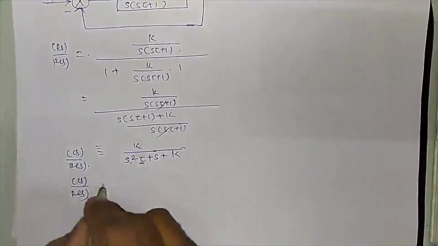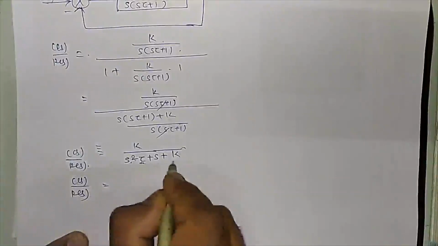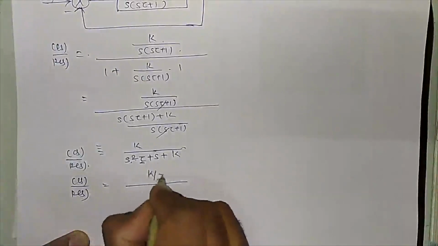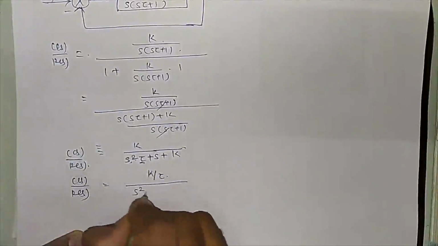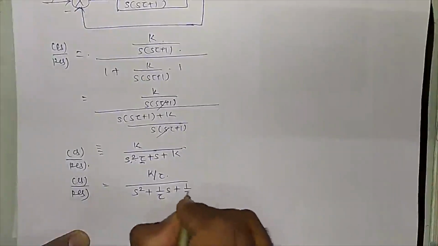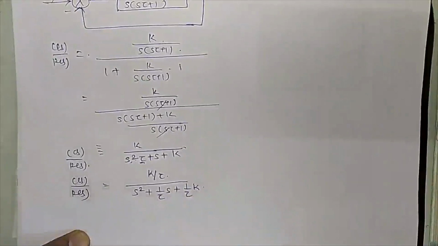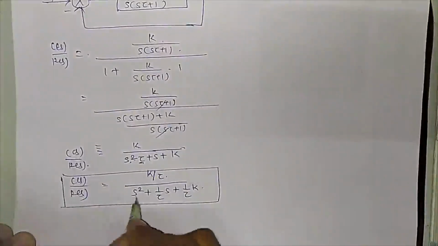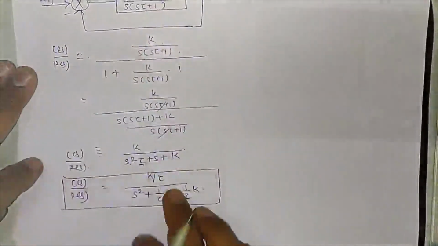So we have to divide this equation by tau in the numerator as well as the denominator. So it will be (K upon tau) upon s square plus (1 upon tau) into s plus (K upon tau). Okay, now this will be the equation. So this is perfectly the second order system equation.